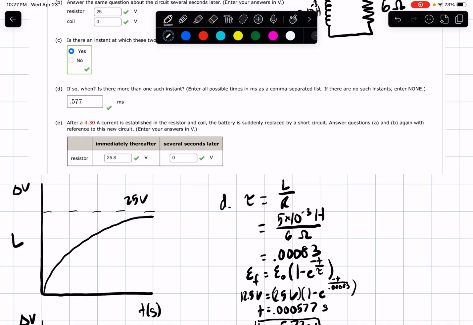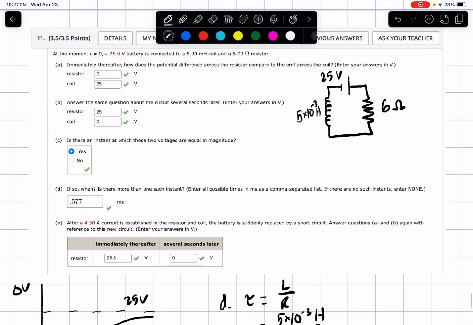All right. So now for some reflecting. I feel like what was challenging about this is thinking about how the graphs are important in these kinds of problems. You have to understand how inductors and resistors behave when put into a circuit, which was a big part of what this WebAssign was about.